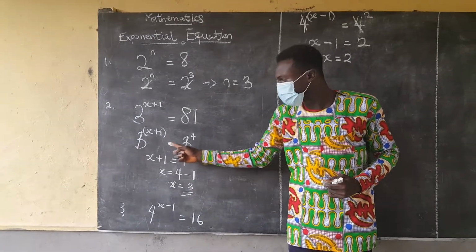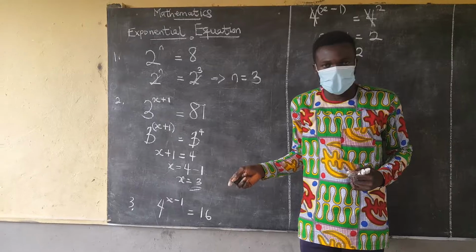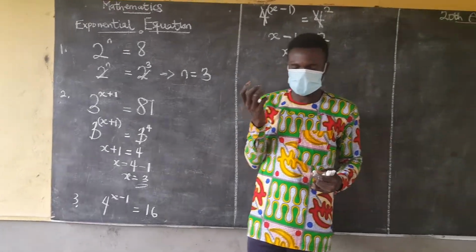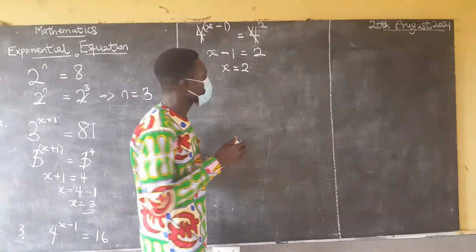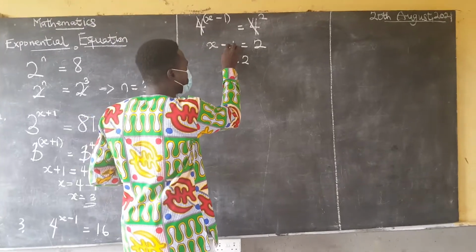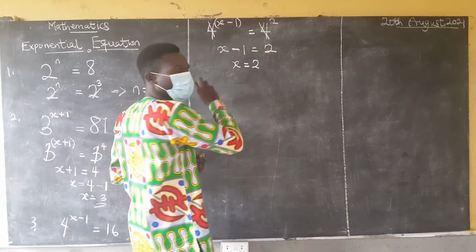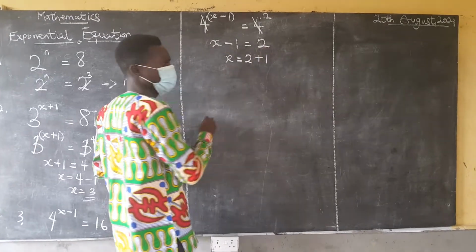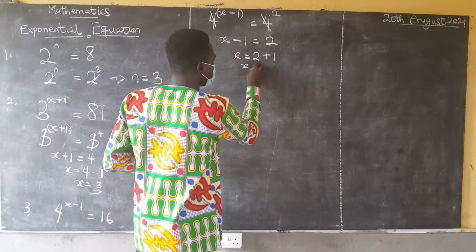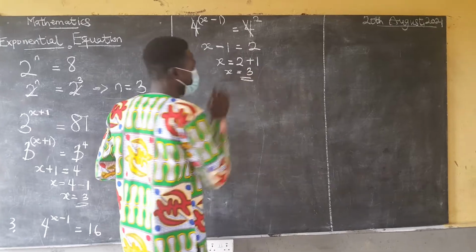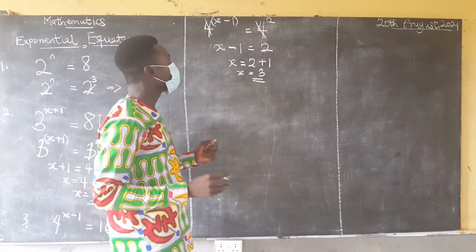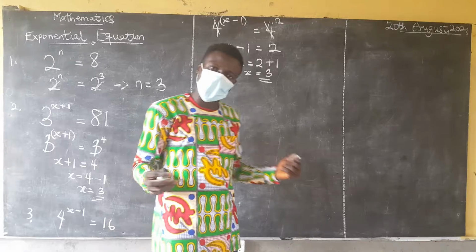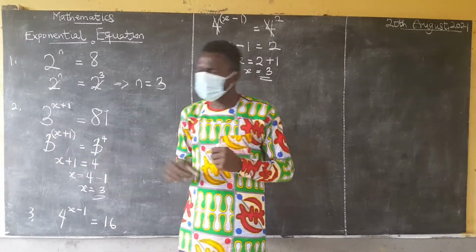So if positive became negative, then negative will also become positive. That is in mathematics. So because the sign here is negative, when it crosses the equal to sign, it will become positive 1. Therefore, x is equal to 3. I have been able to find the value of x. So the equation can be in this form.